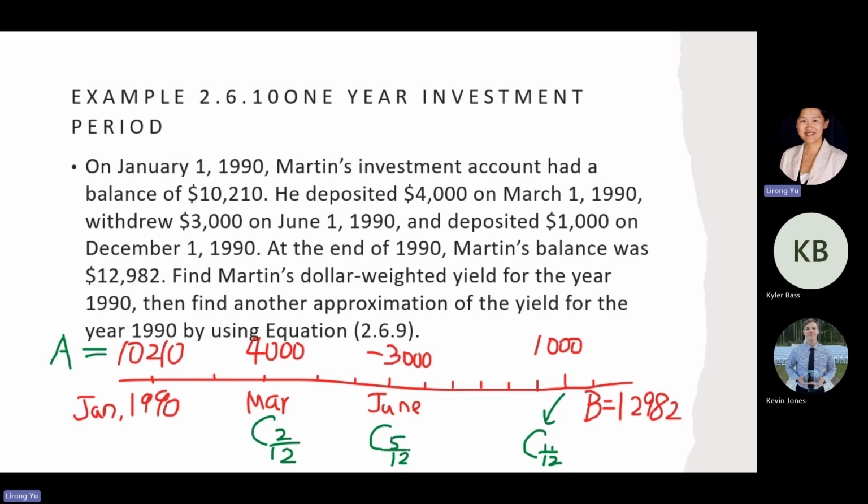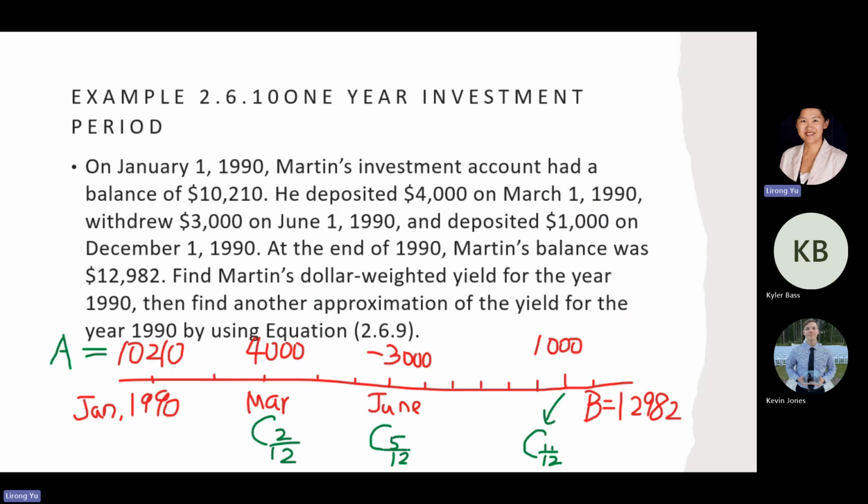Now, by the end of the year, I'll assume that will be December 31st. The total balance is 12,982. That is the balance we call B. So we can start labeling all these notations. We have A equal to 10,210, the original deposit at time 0. At the end of the year is B, 12,982.